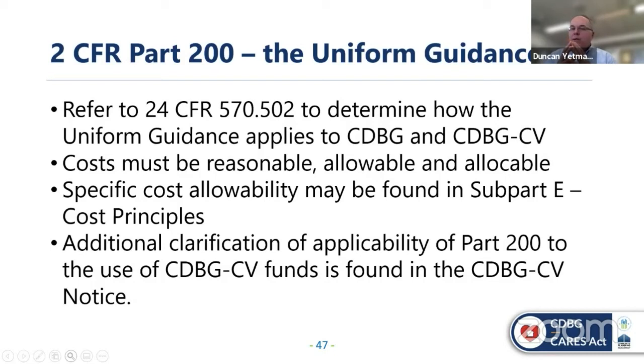Specific cost allowability can be found in subpart E, cost principles of Part 200. And the additional clarification of the applicability of the Part 200 requirements and how they apply to the use of CDBG-CV funds, that's also found in the CDBG-CV notice.